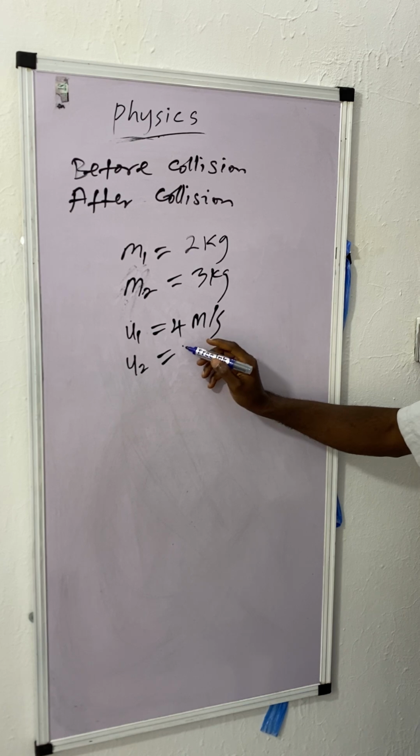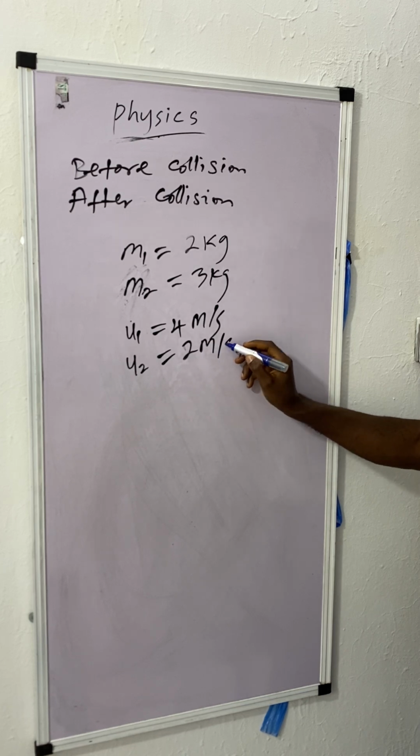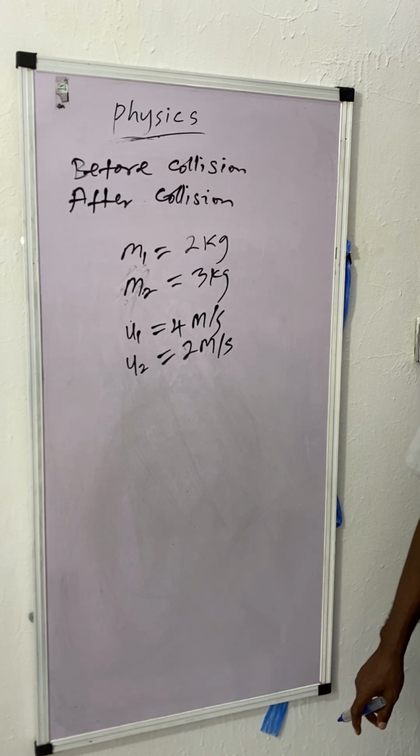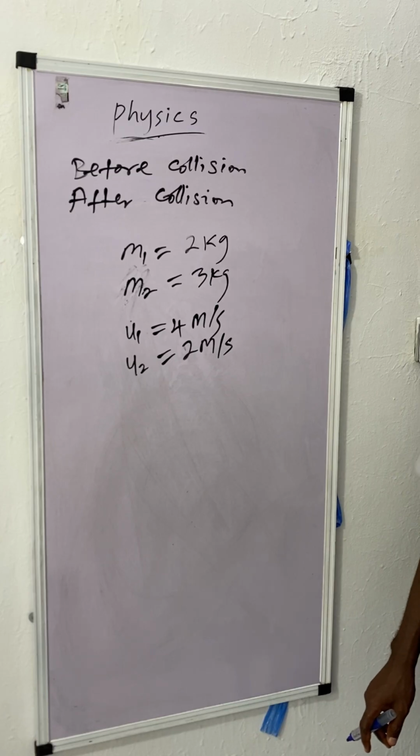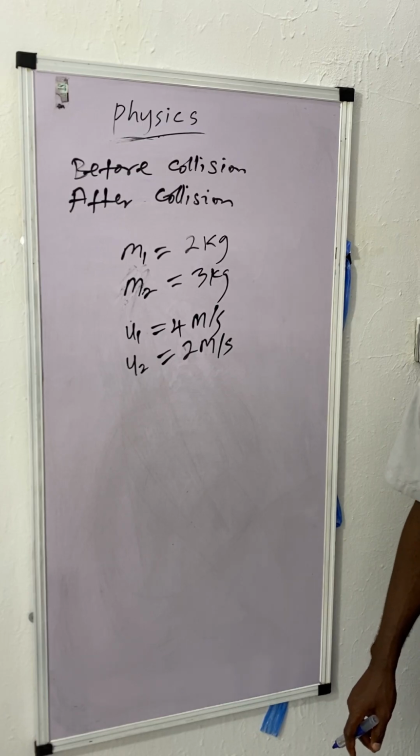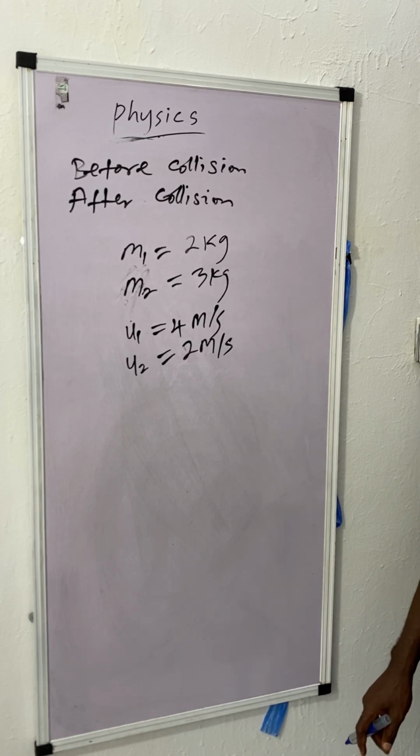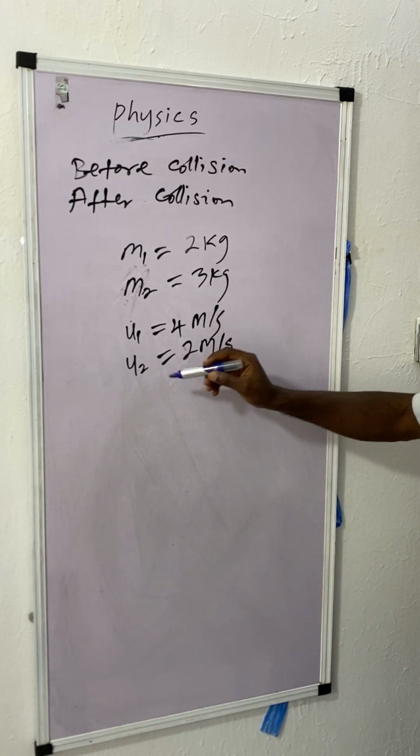Then U2 equal to 2 meter per second. And they ask us what is their common velocity after collision.